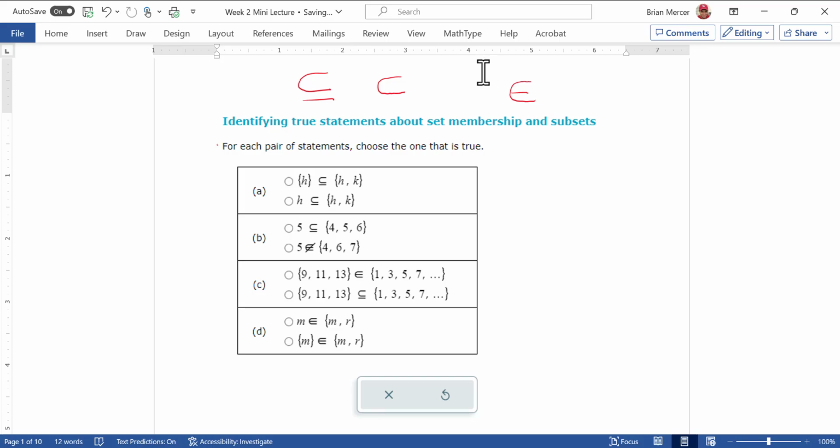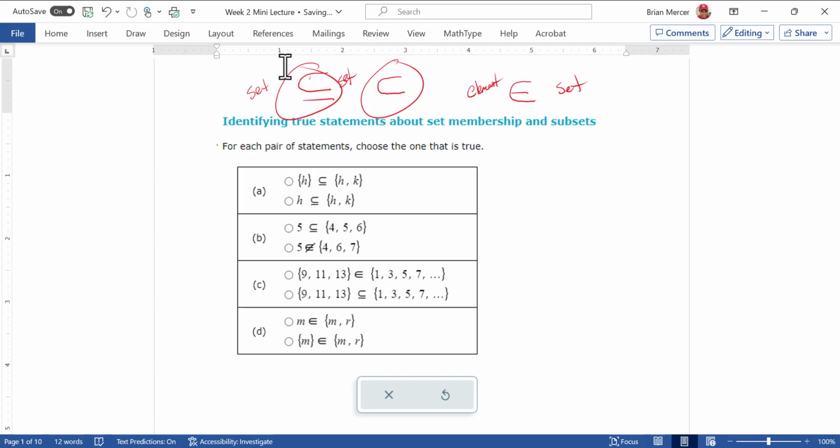So on this side you have an element, and on this side you have a set. You're asking whether that item on the left, the element, is an element or member of that set. When you're writing the subset symbol, you're writing set and set. So sets are on both sides. I'll address this as we go through these things.